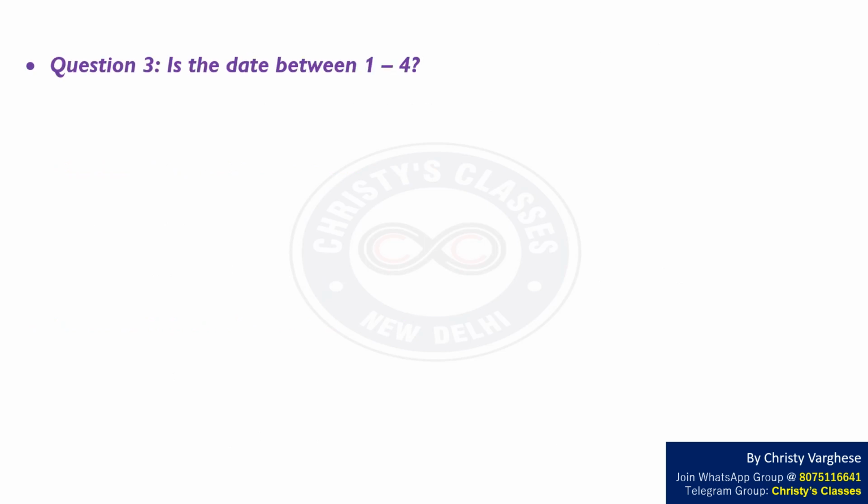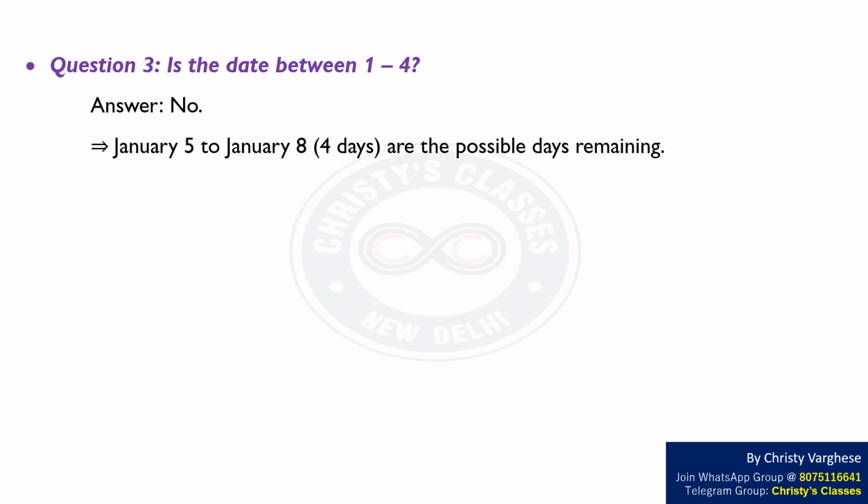Question 3. Is the date between 1 to 4? The answer is no. This implies that January 5 to January 8 are the possible days remaining. Question 4. Is the date between 5 to 6?